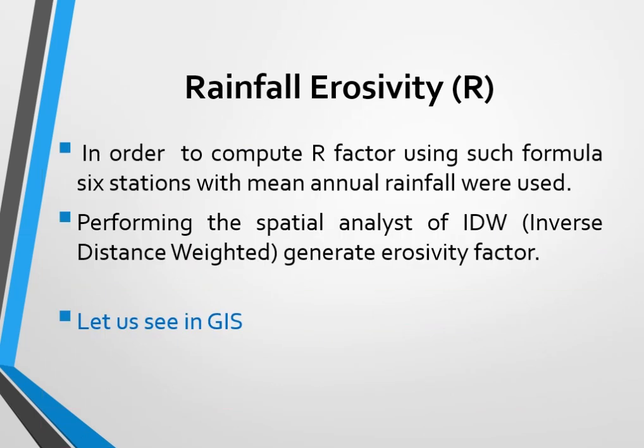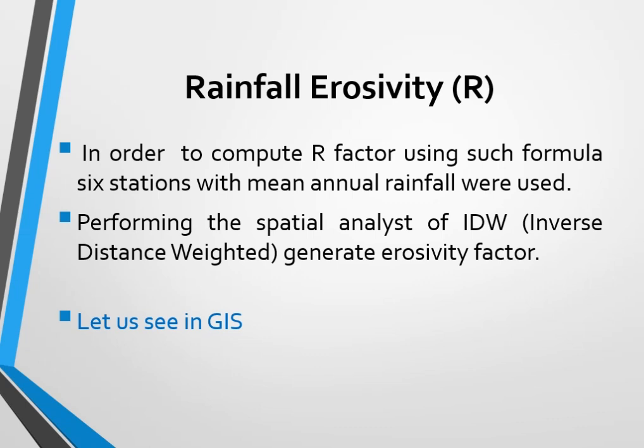Therefore the R factor is computed using such a formula for the 6 stations with a mean annual rainfall selected, and to get the raster image of your watershed based on the rainfall erosivity, you have to perform spatial analysis under the inverse distance weighted method. Now we can generate the erosivity factor.